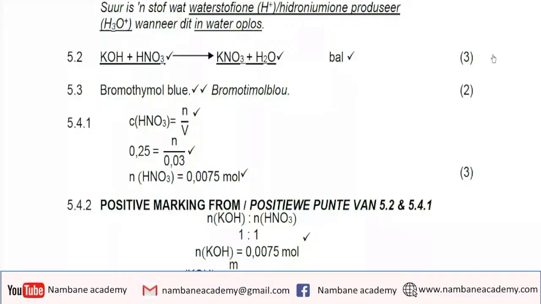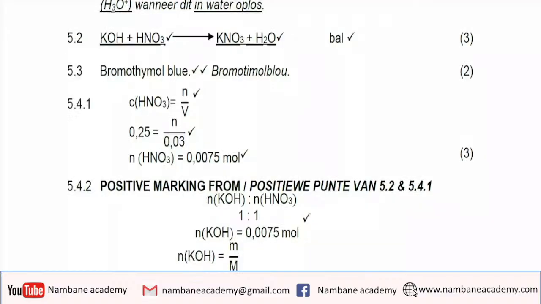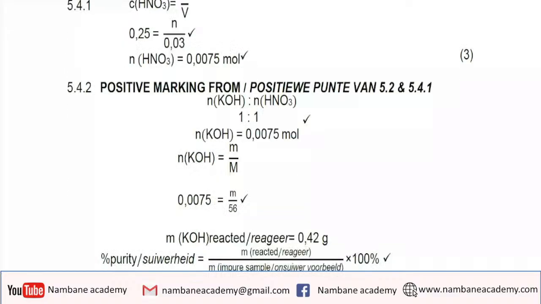If there are no further questions, we have Madondo. Yes, I have a problem with 5.4.2. If you look at the memorandum there, they have allocated a mark for the formula: rate equals mass reacted divided by mass of the impure sample times 100.